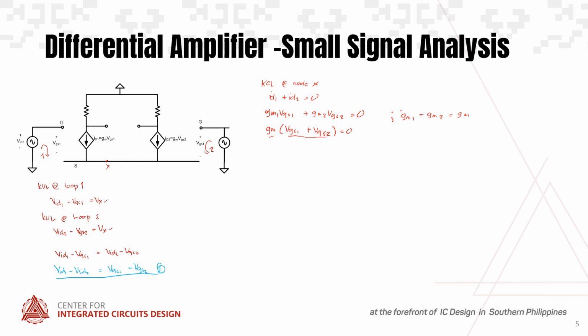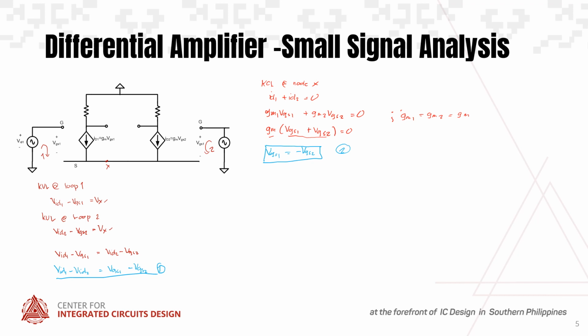So it only happens when our VGS1 is equal to the negative VGS2. So we can consider this as equation 2.